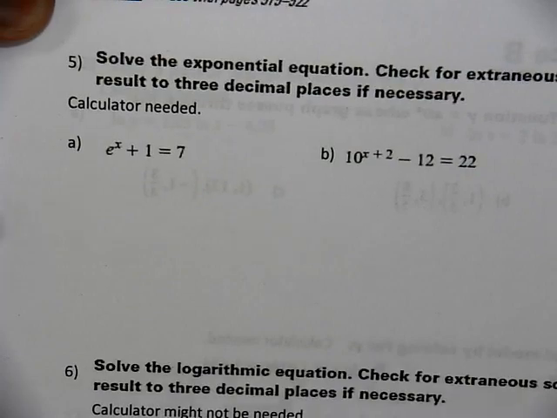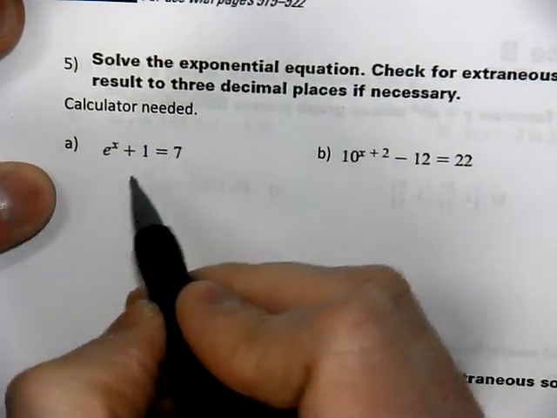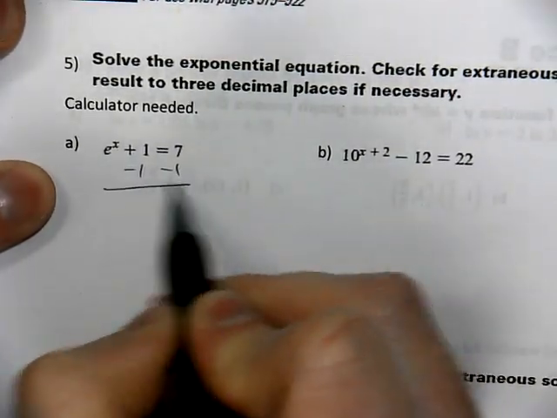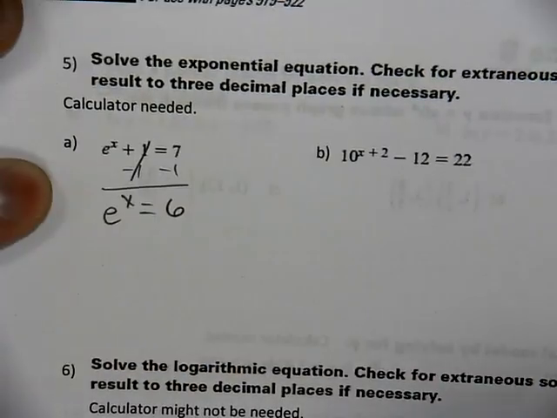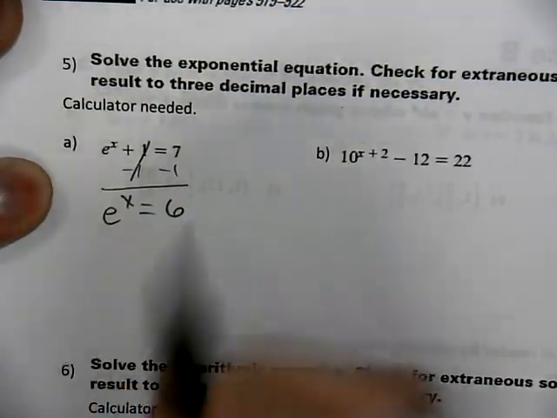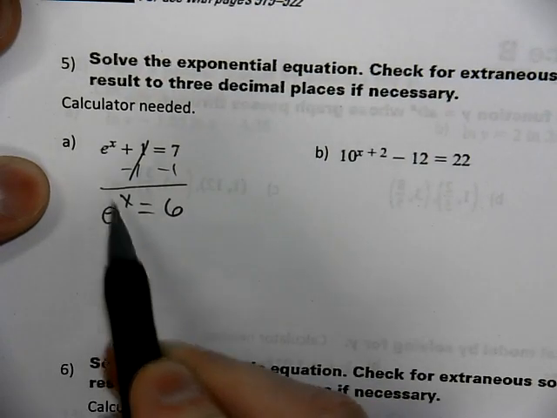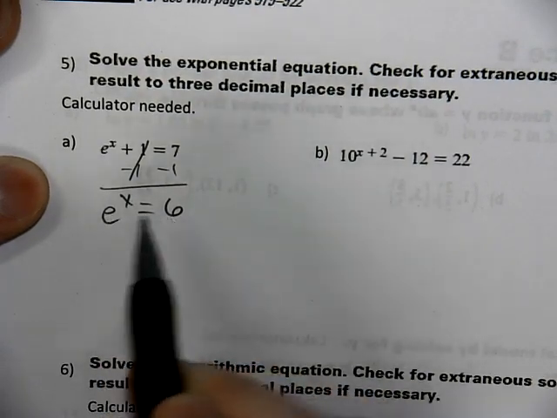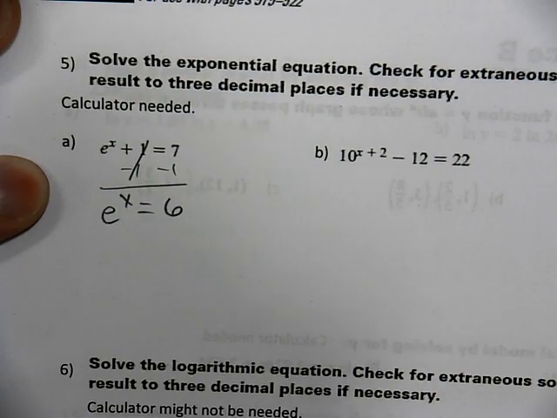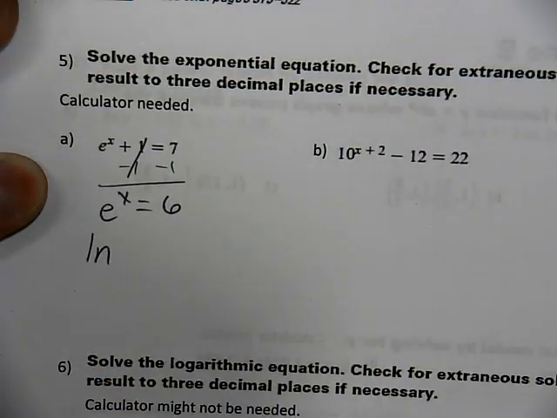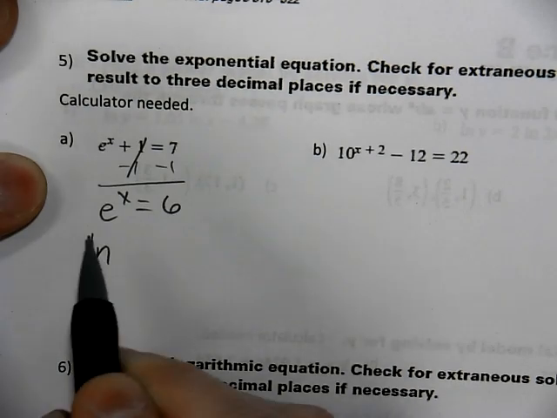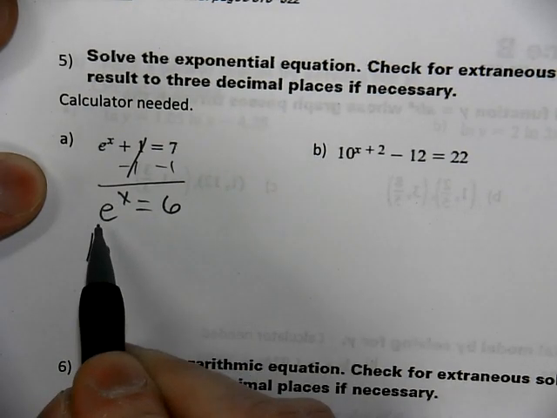Now to solve, we need to get the e to the x isolated. Now this is just exponential form. We're solving for an exponent. To solve for an exponent, you need to use a logarithm. We get to use natural log because the base is an e.